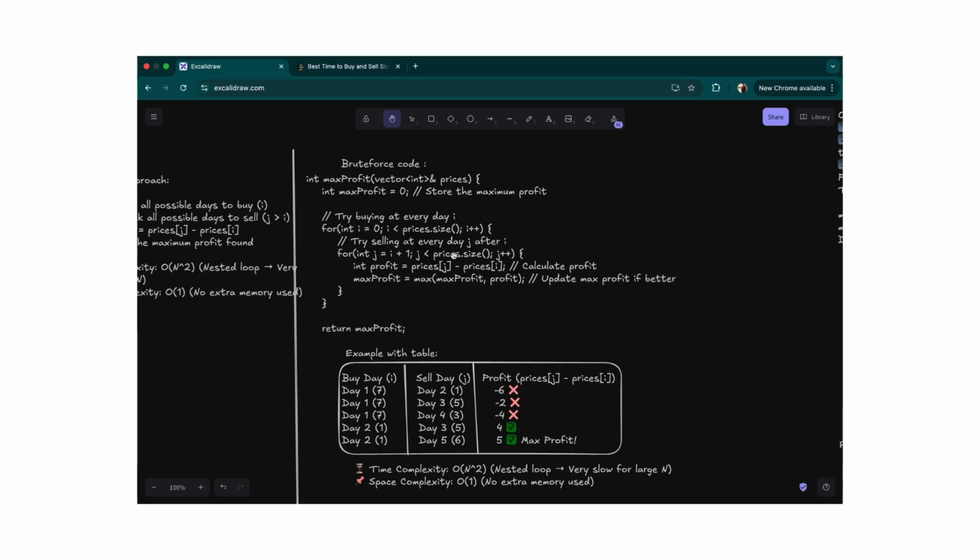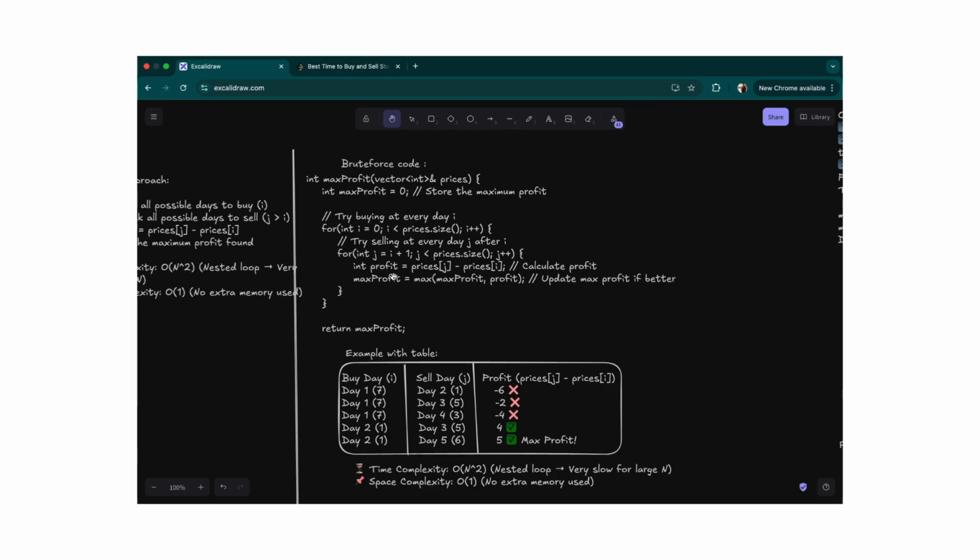And the profit, as we discussed before, we need to subtract the i value from j in order to calculate the profit. So it is obvious that if the price of j is smaller than the price of i, that will give us a negative value. We won't be taking that. So for keeping track of that, we have created max profit, and we are using a max function.